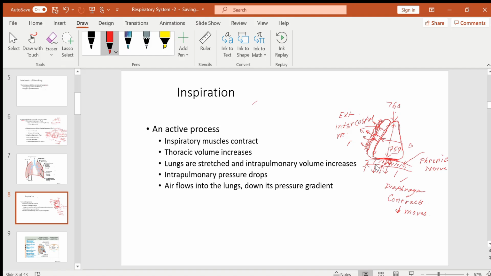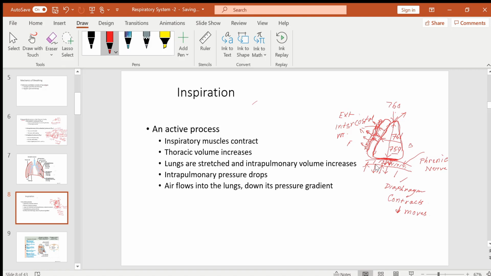So the diaphragm will relax, move up, intercostal muscles will relax, go back. Okay, so the lung will recoil, and when the lung recoils, the pressure will go up to 761 because you are squeezing, so the pressure inside will go up. So that will expel the air out. Okay, and that is the expiration.